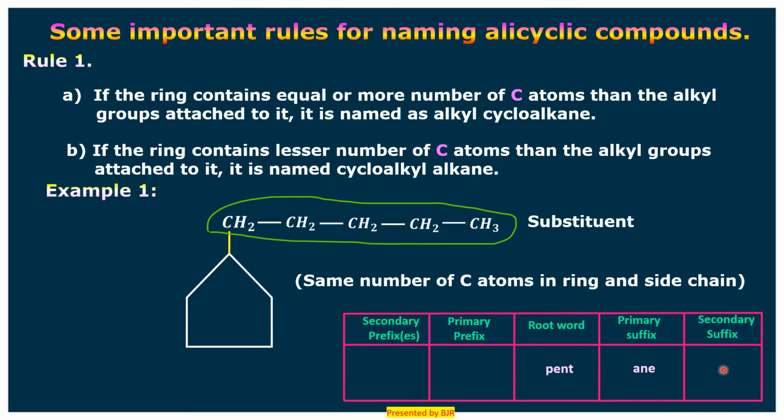There is no secondary suffix. Why? Because no functional group is attached to any carbon atom in the ring. Next, primary prefix cyclo, secondary prefix pentyl, as 5 carbon atoms are there in this alkyl group. So the name of this alicyclic organic compound is pentylcyclopentane.